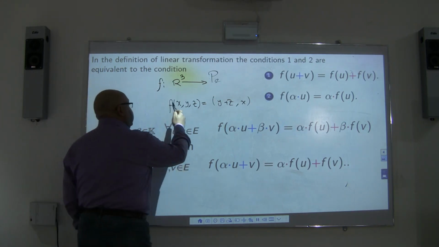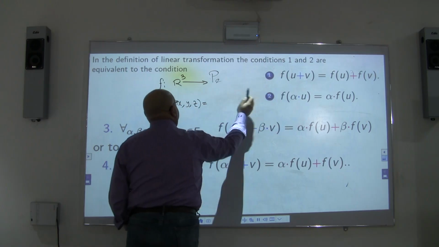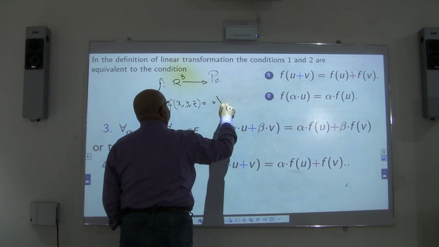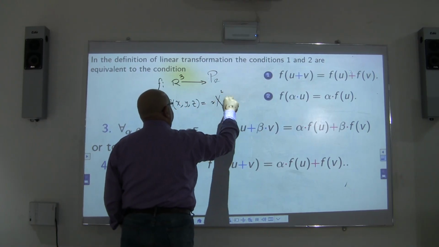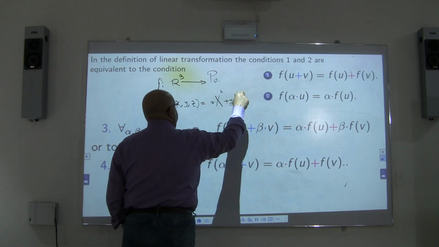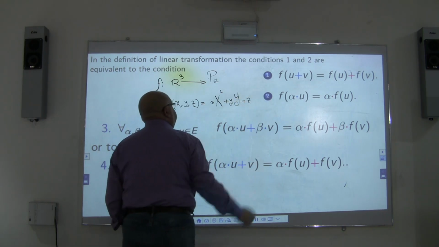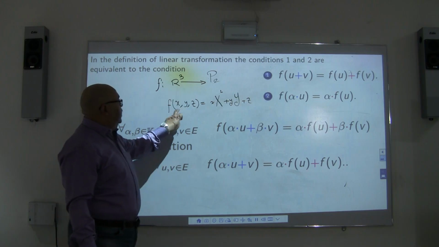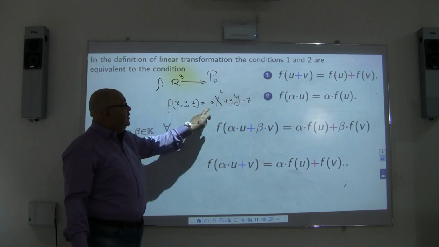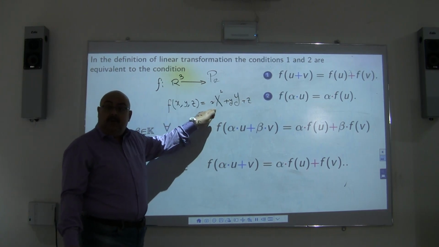This is x, y, and z. So my equation will be x times x squared plus y times x plus the value of z. So simply the coordinates here will be mapped into a second-degree polynomial. Are you with me?